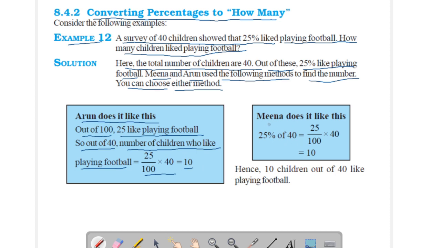And Meena does the same question in this form, that is 25% of 40. Here 25% means 25 upon 100, of means into 40, and if you solve it, again you will get 10. Hence 10 children out of 40 like playing football.